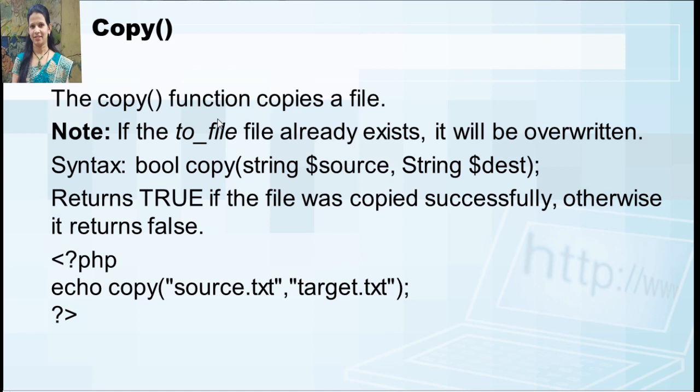The next function is copy. What does the copy function do? The copy function copies a file from the source to the destination. If the file already exists, it will be overwritten; if there is content inside the file, it will overwrite it. The syntax is boolean copy(string $source, string $destination).